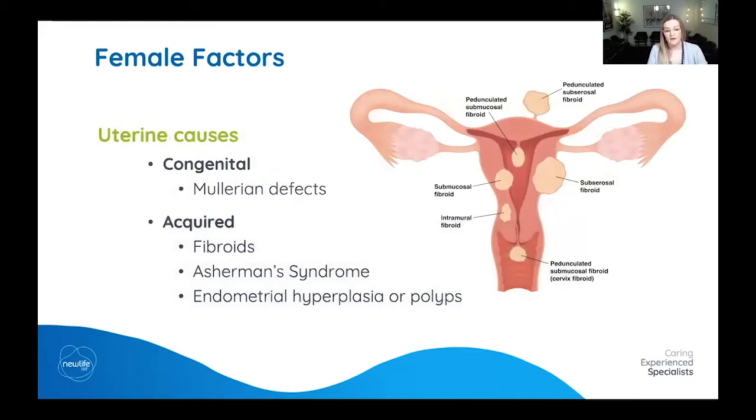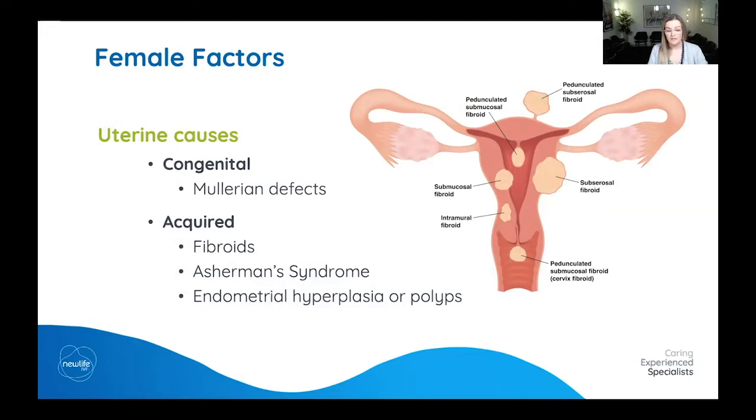Next, we have uterine causes, which can either be congenital, meaning that you were born with a condition, or acquired, such as a condition with fibroids, which are benign, smooth muscle tumours of the uterus. These can impact fertility, but only if they are numerous or large and impacting the internal endometrial cavity or distorting the shape of the cavity.